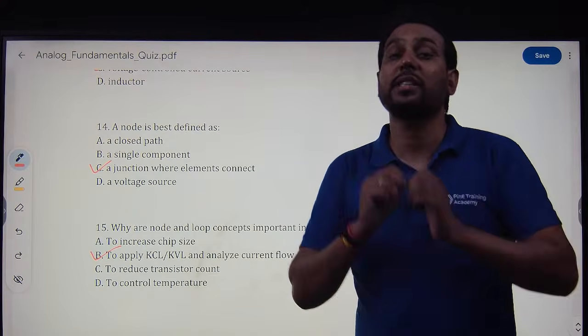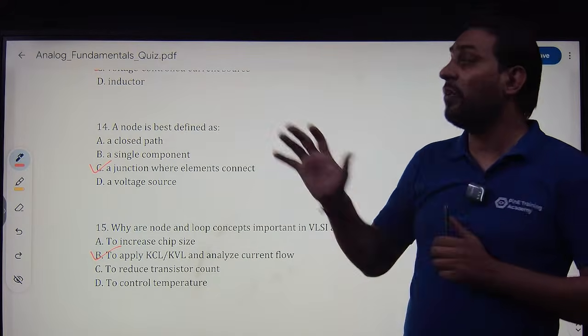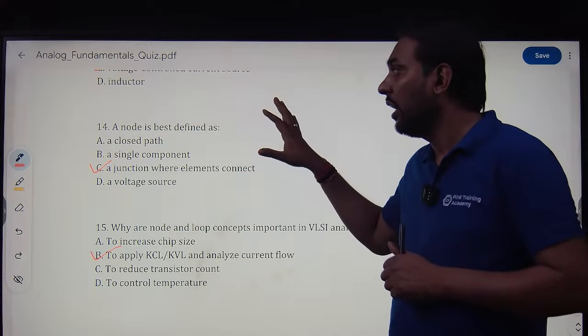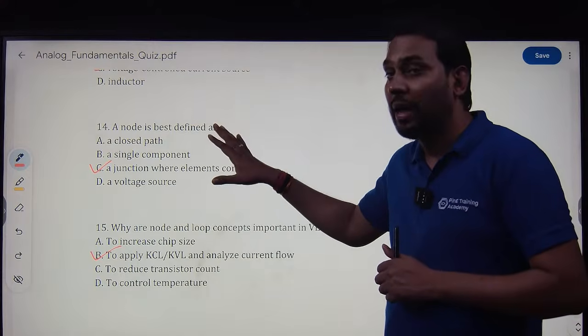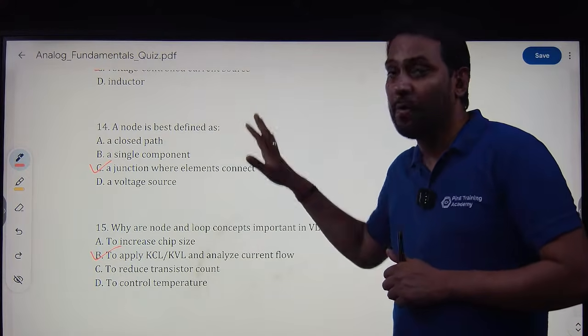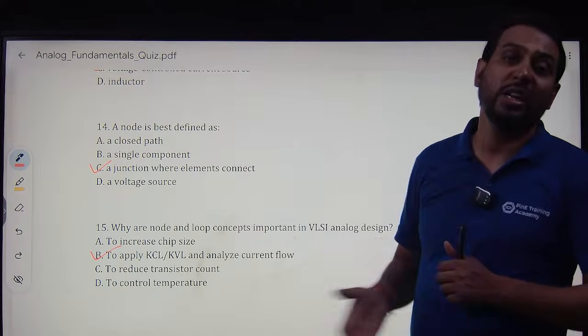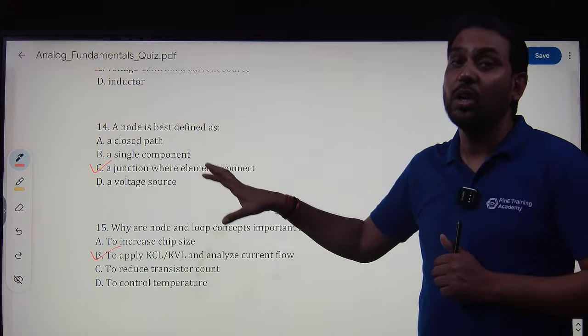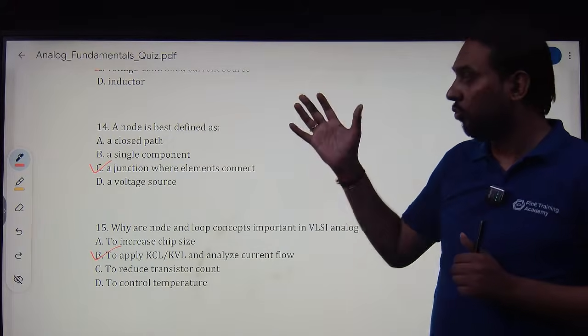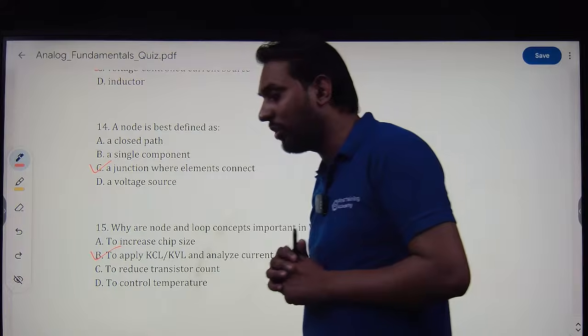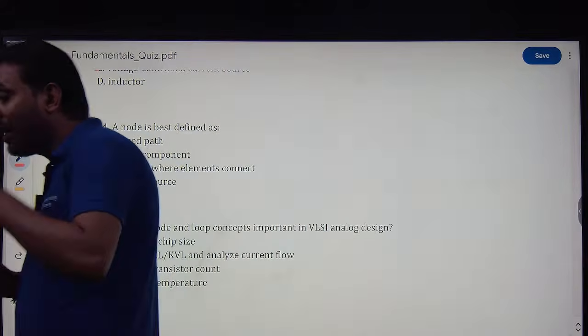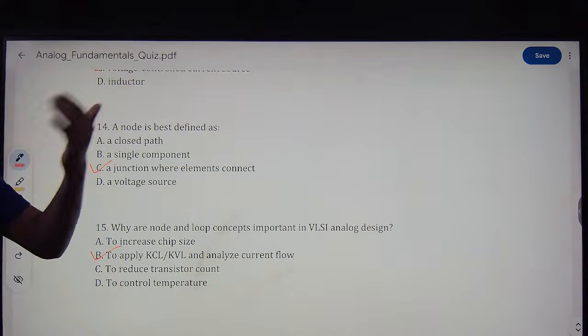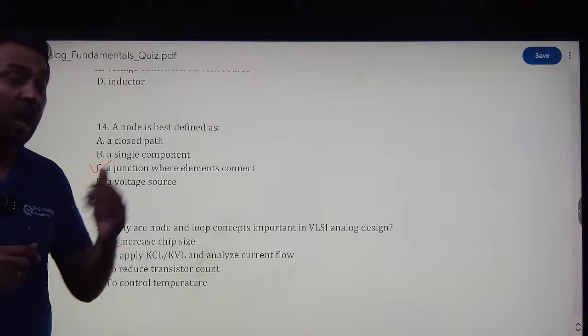If not, we will go for star to delta and delta to star conversion, so that it will be easy to solve. Today we will solve some questions on that, but first we will understand how you convert star to delta and delta to star and how it looks.